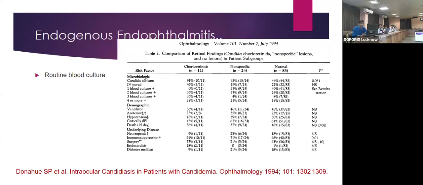Just see this routine blood culture data. The only statistically significant finding is immunosuppression, which is understood. Now see this: with one blood culture positive, 49% of patients are normal. They don't have anything, and there is no chorioretinitis.